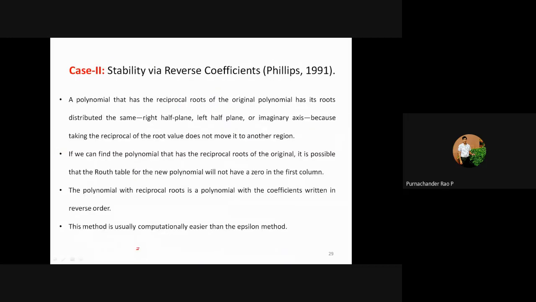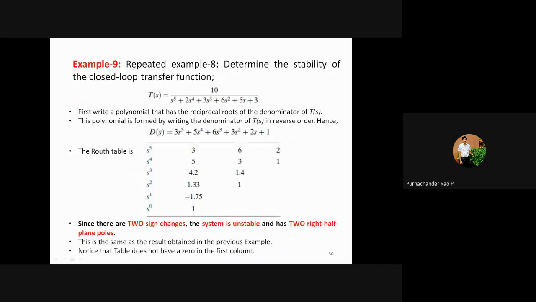Reverse coefficients on a constant level: reverse coefficients means these coefficients will be written in reverse order. So 3, 5, 6, 3, 2, 1. They are just reversing the coefficients, and then you can directly find out.